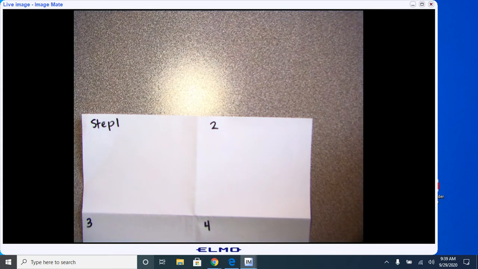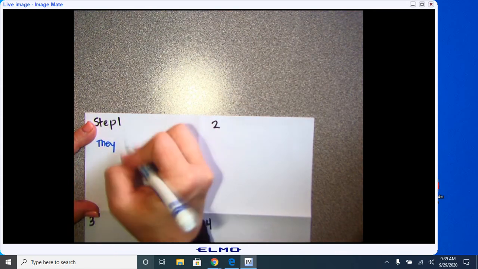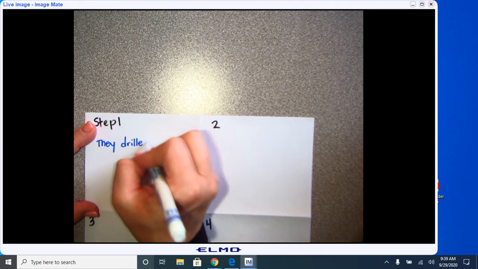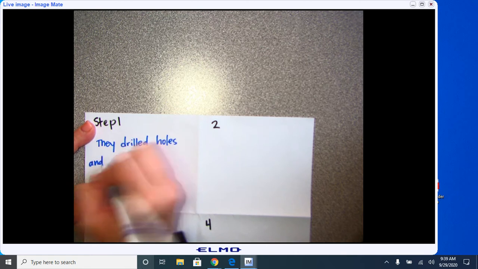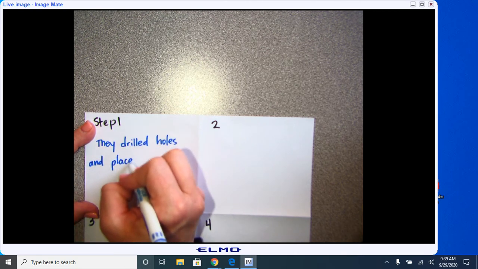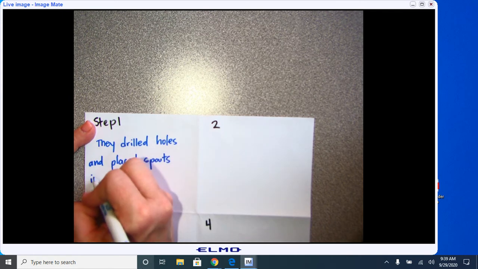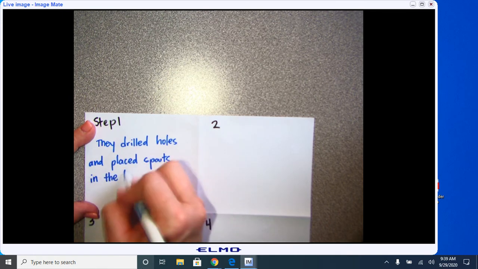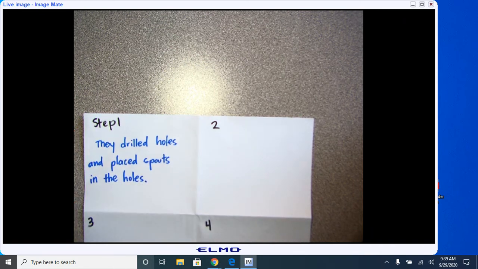So step 1, they drilled holes and placed spouts in the holes. Period.